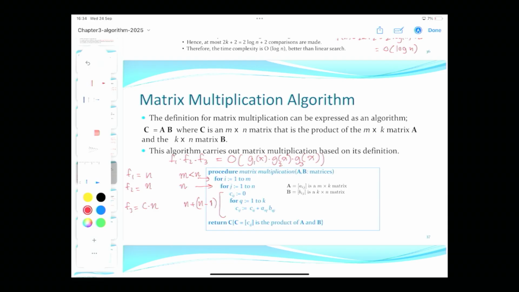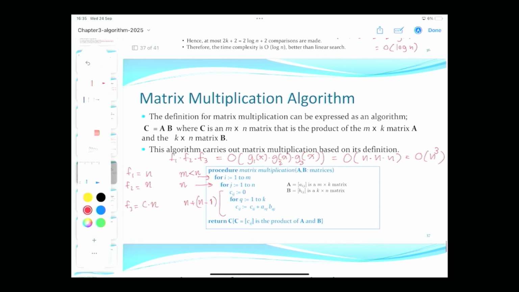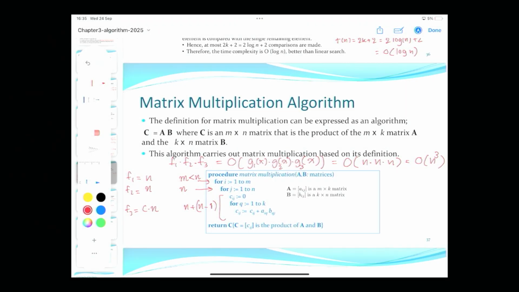So that would be O of n cubed. So we can apply the way we discussed when we have multiple functions and we know the complexity of each function, then we can just combine them, right?